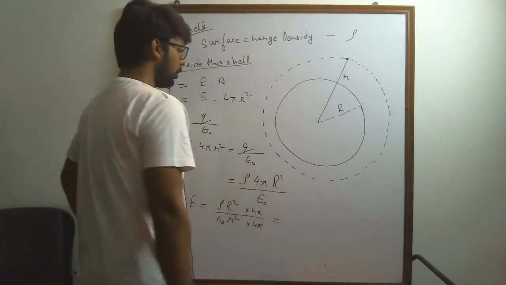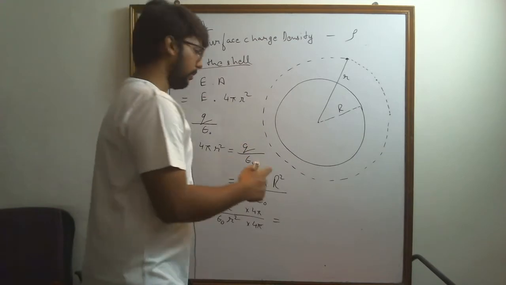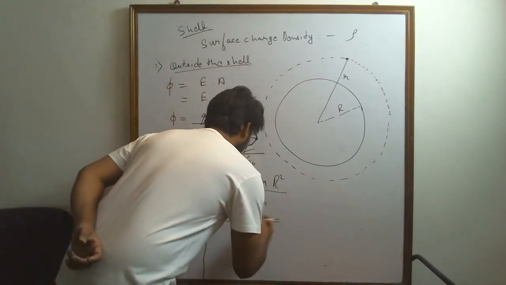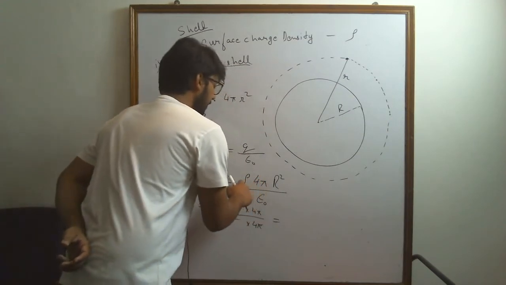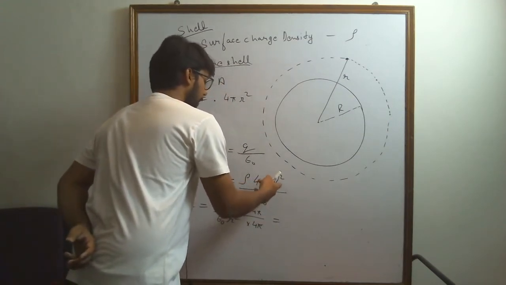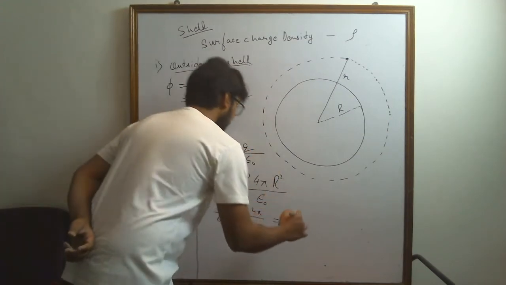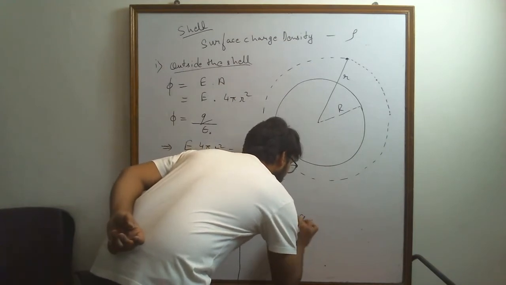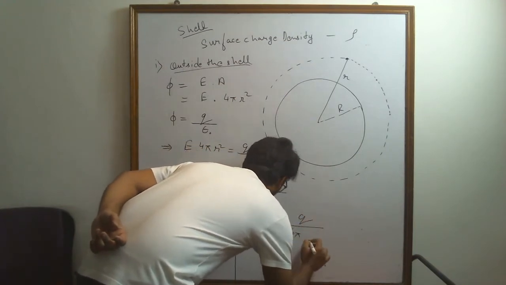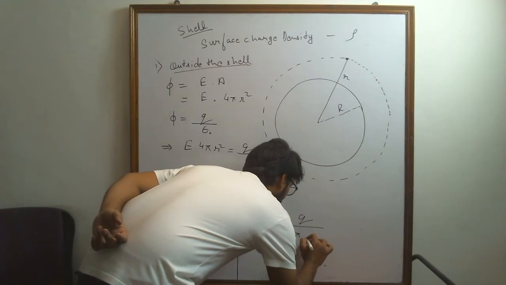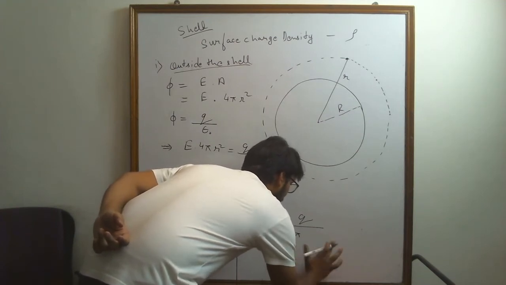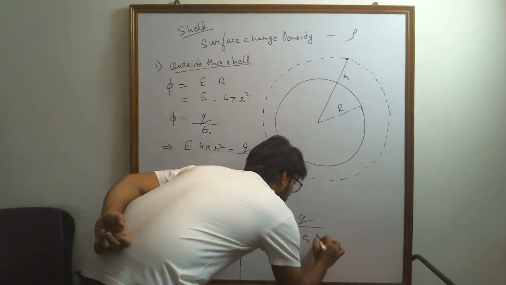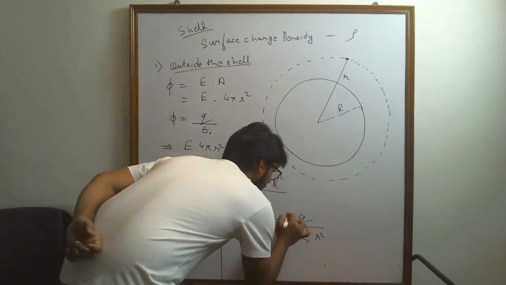Because the ratio of 4 pi upon 4 pi is 1, so everything can be multiplied with 1. So I get again the same thing, sigma 4 pi capital R square, which is what? Q. So I can then just write Q upon 4 pi epsilon naught into r square.